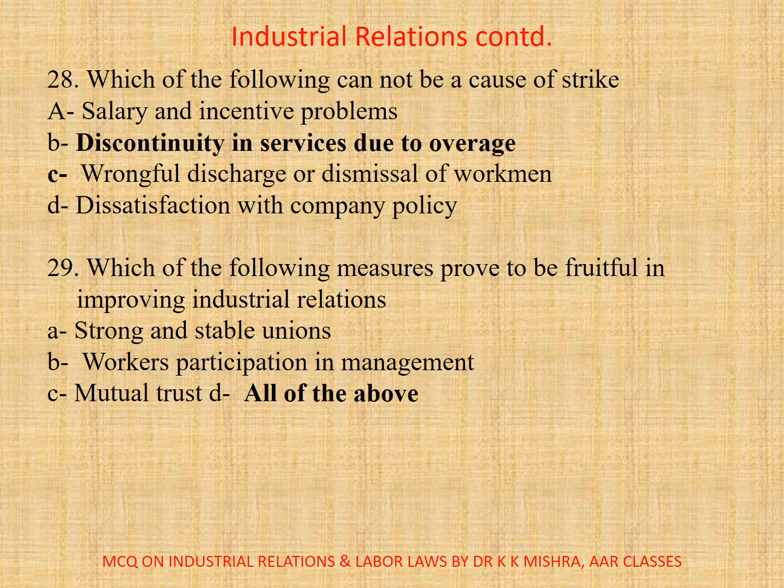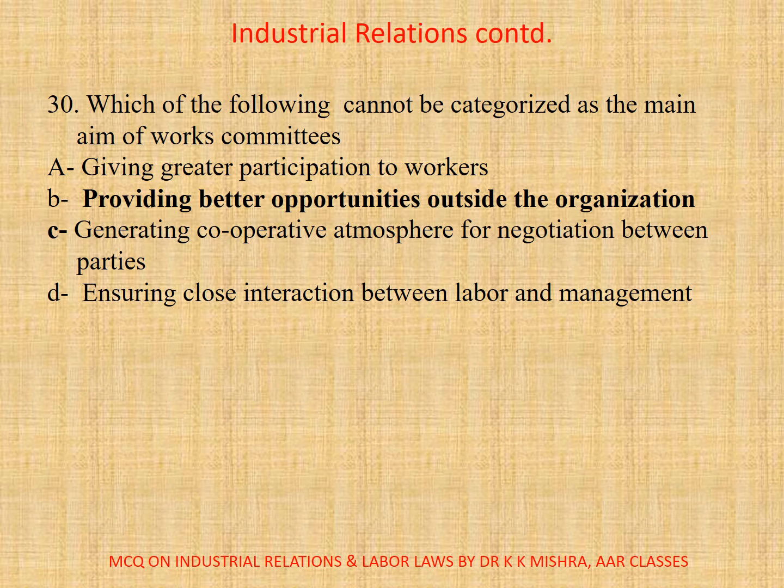Which of the following measures proved to be fruitful in improving industrial relations? A, strong and stable unions, B, workers' participation in management, C, mutual trust, D, all. Correct option is D, all. 30. Which of the following cannot be categorized as the main aim of workers' committees? Correct option is B, providing better opportunities outside the organization.